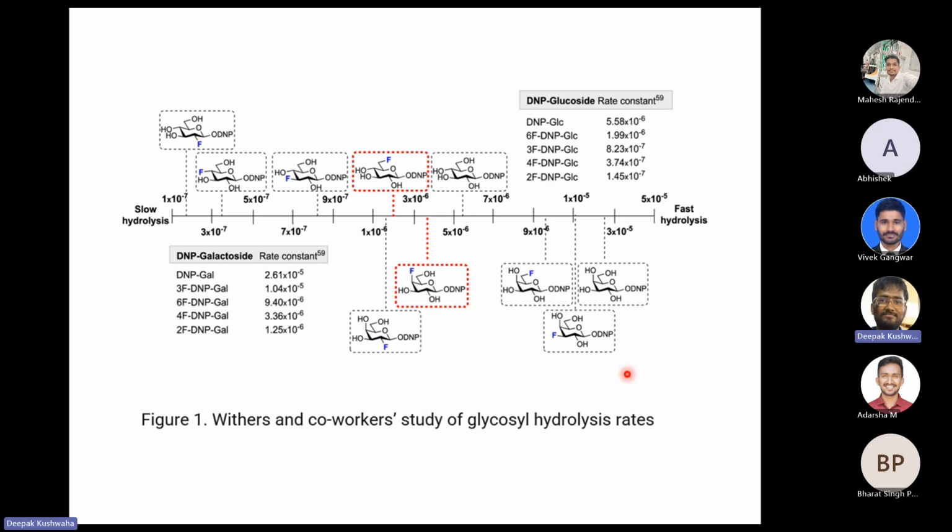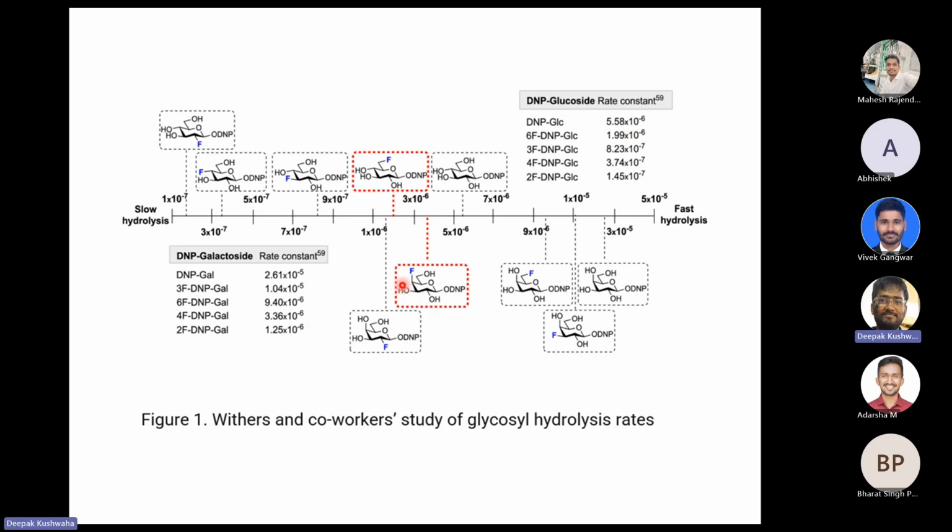And further, at last, as I just mentioned, they are suggesting, based on an old report from their group and co-workers, that in case of deprotected sugar, in glucose, when the fluoro group is at the C2, C3, C4 or C6 position, changing at the C6 position, keeping the fluorine group at C6, the rate of hydrolysis is maximum.